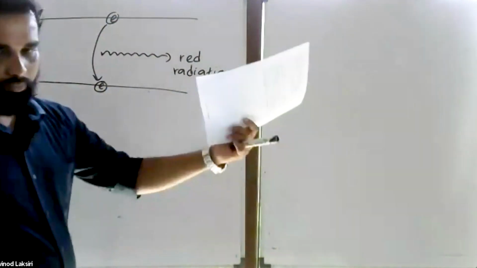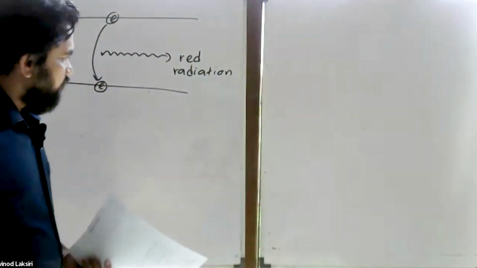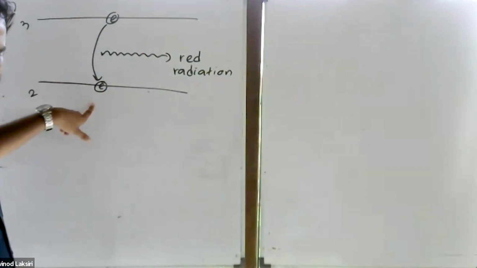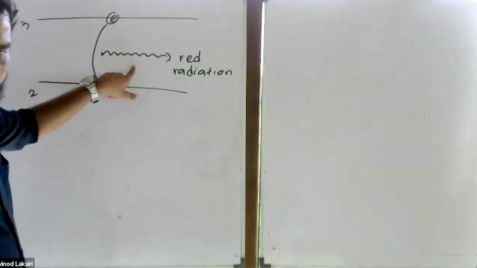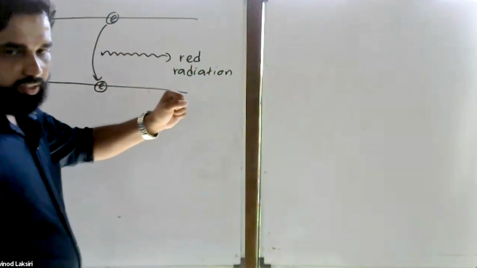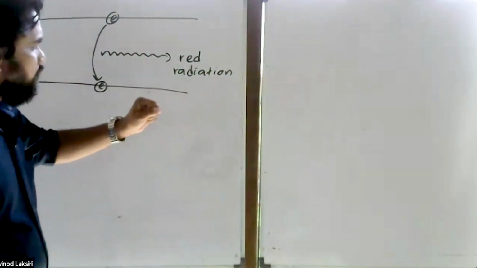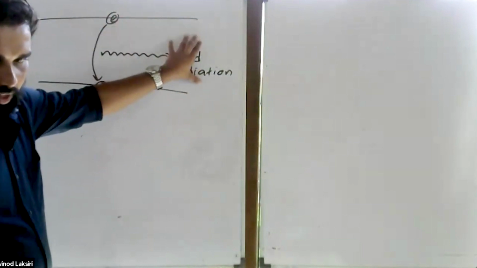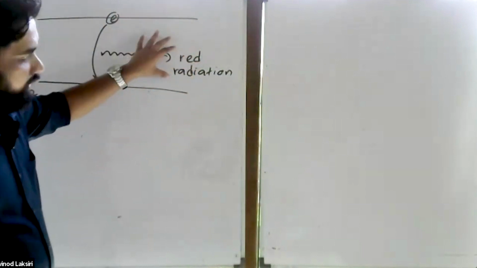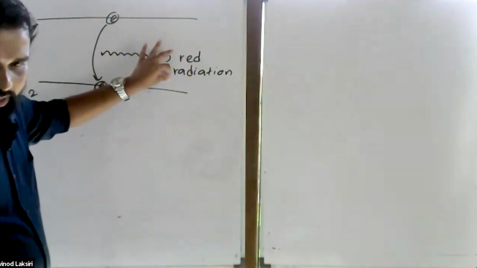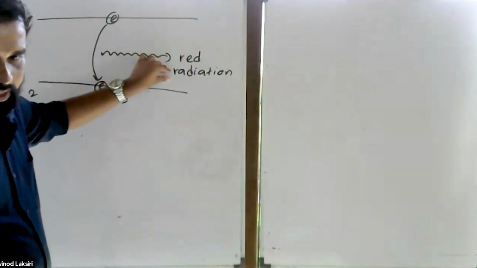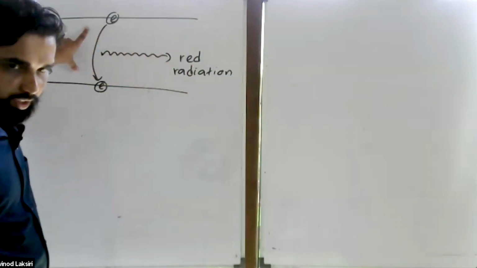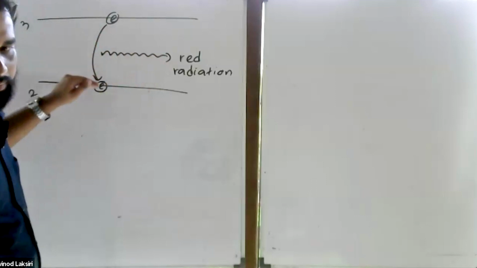Like that, when the electron moves from here to here, the energy of the electron decreases and is released as radiation. Therefore, the energy of this red radiation should be equal to the energy difference between third and second.